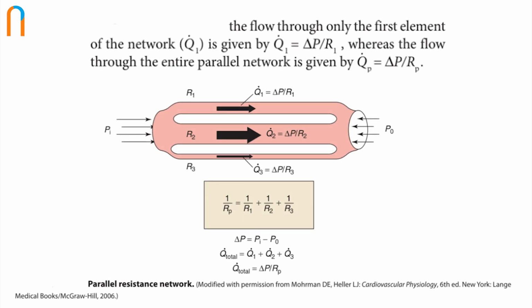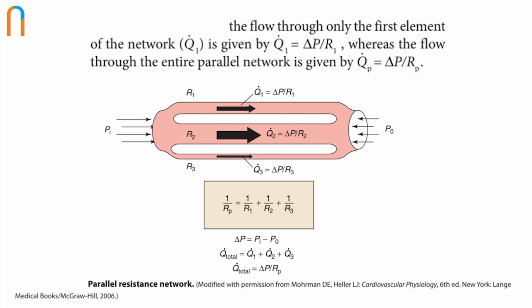As indicated in the figure, when several tubes with individual resistances R1, R2 are brought together to form a parallel network of vessels, one can calculate a single overall resistance for the parallel network, Rp, according to the following formula.